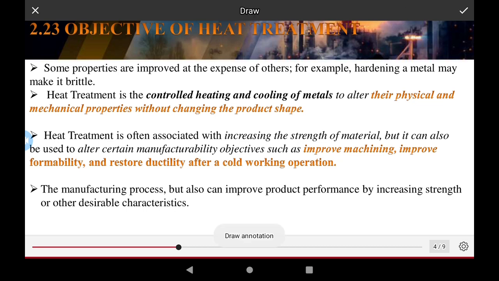It can improve the manufacturing process but also improve product performance by increasing strength and other desirable characteristics.